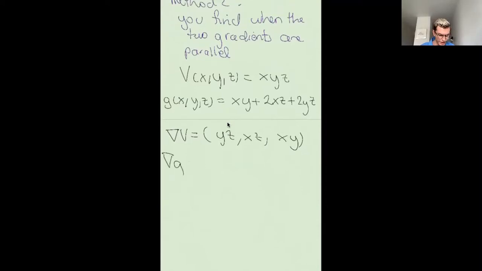What's the gradient of G? That's the gradient of G, right?